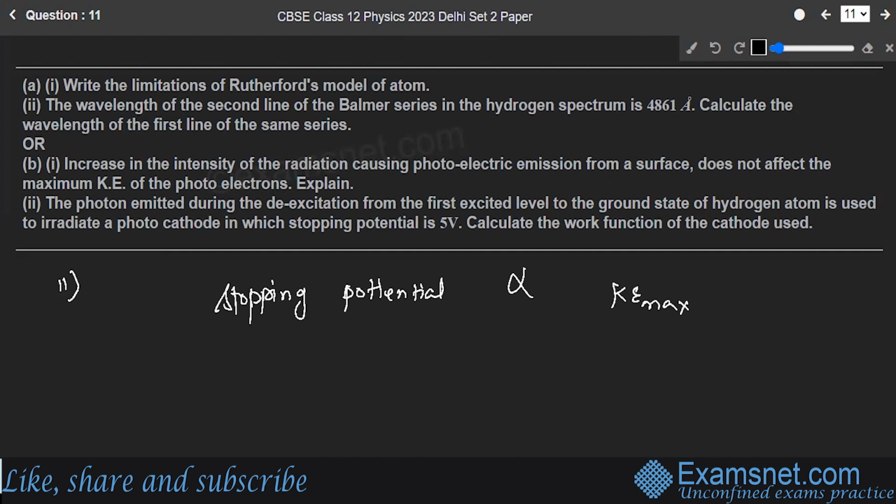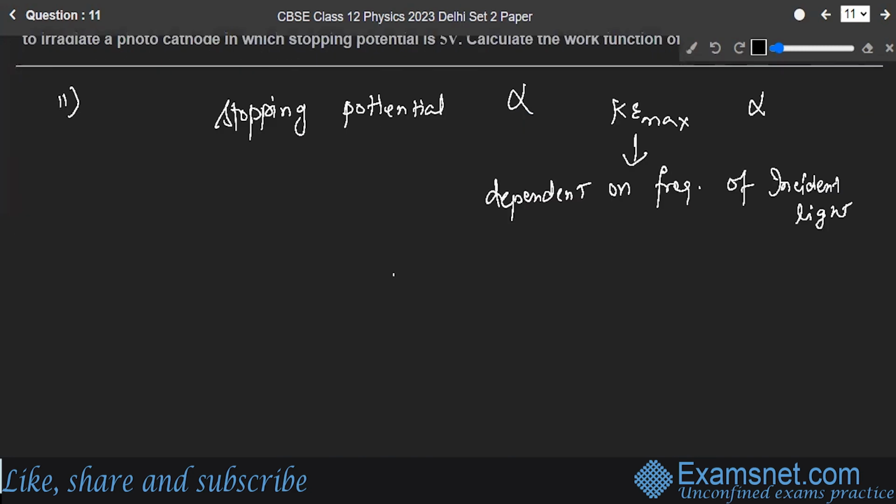This maximum kinetic energy is further dependent on the frequency of incident light as well as the work function of the cathode.